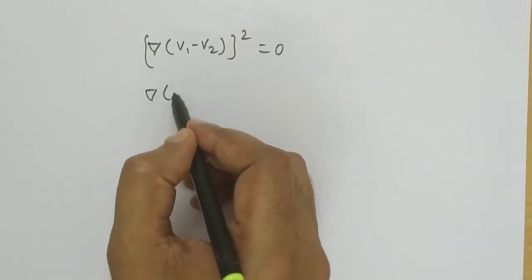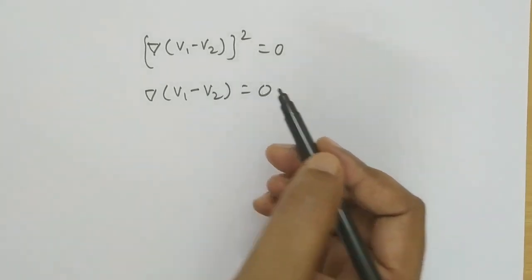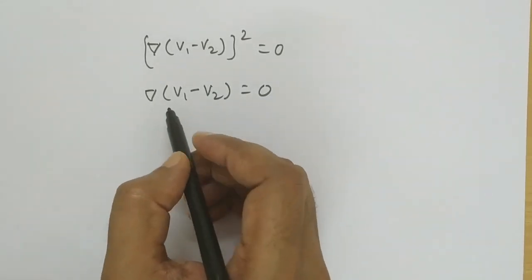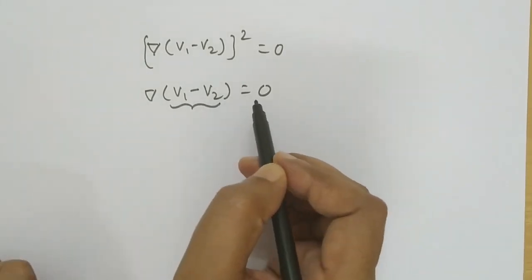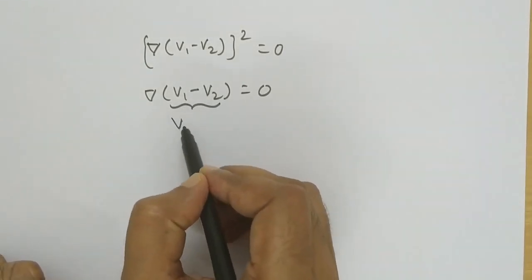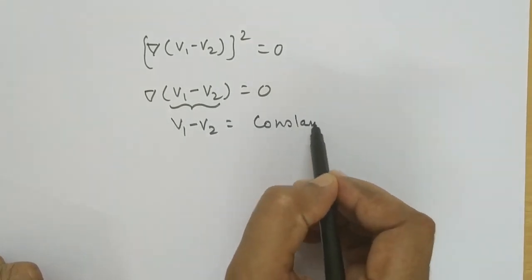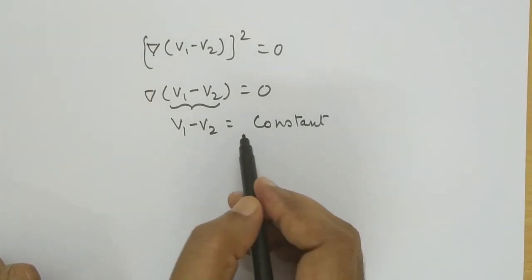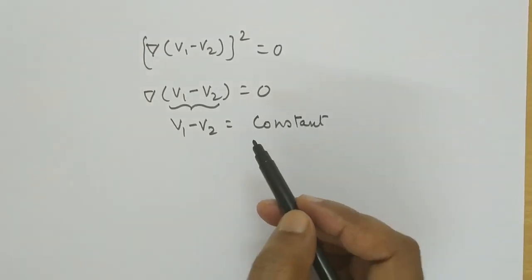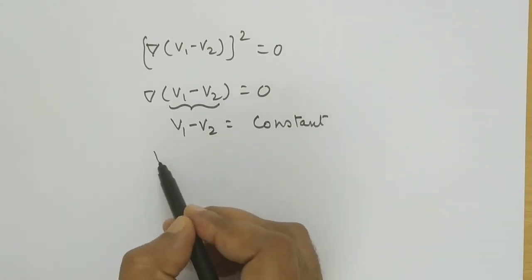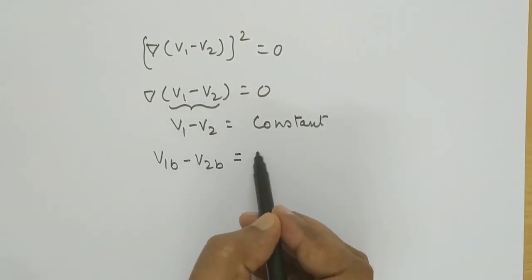So this is saying that del V1 minus V2 equal to 0, and if the gradient of any function is 0, it means that this function is constant. Now we have to find this constant term by applying the boundary condition, and that boundary condition is V1b minus V2b equal to 0.